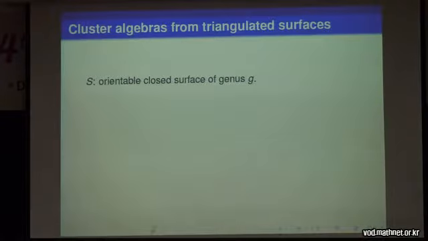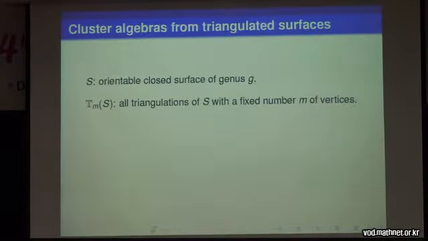They construct a cluster algebra from the triangulated surface. Here is an orientable closed surface of genus n. This one means all the triangulations of this surface. Here, m is the fixed number of vertices.